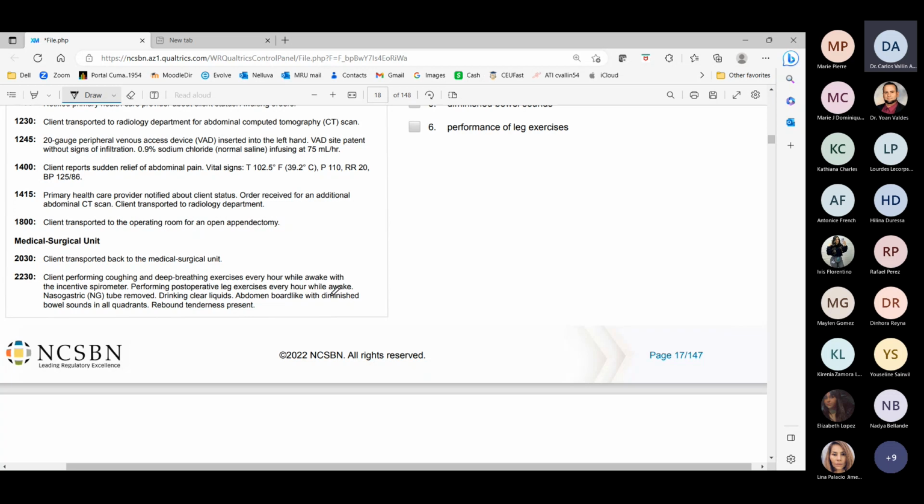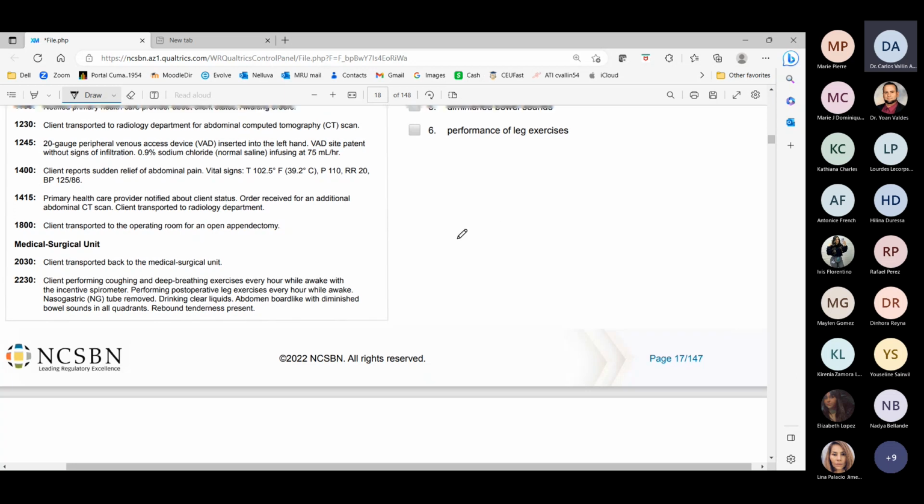Abdomen board-like. So the abdomen presents symptoms of peritonitis. It's board-like rigidity with diminished bowel sounds in all quadrants. Rebound tenderness present. So the patient, no matter that the origin has been solved, is still having peritonitis. It will take time with antibiotics to resolve.